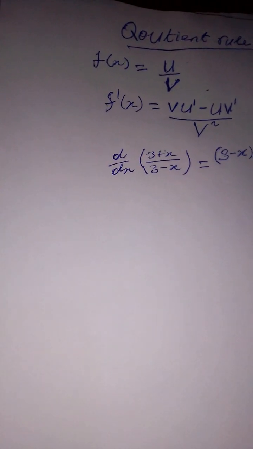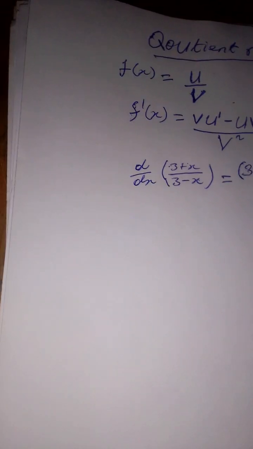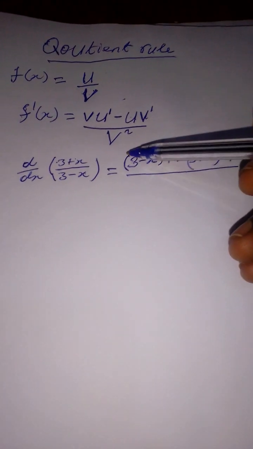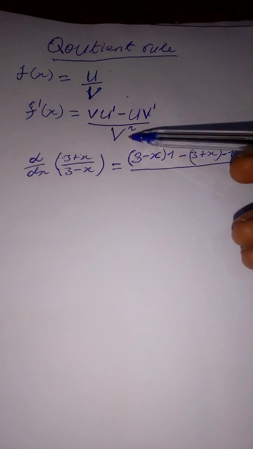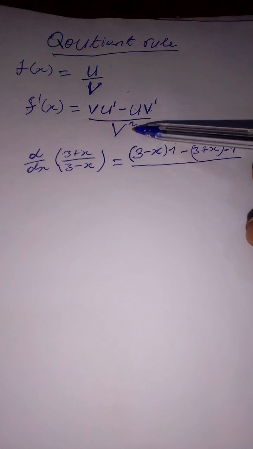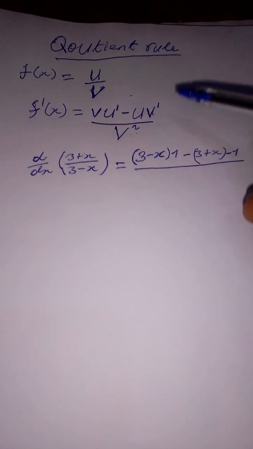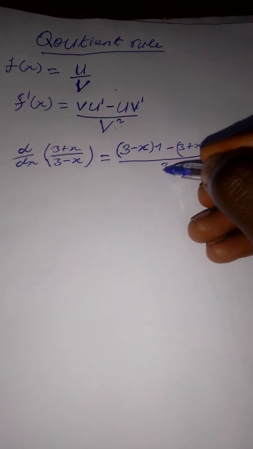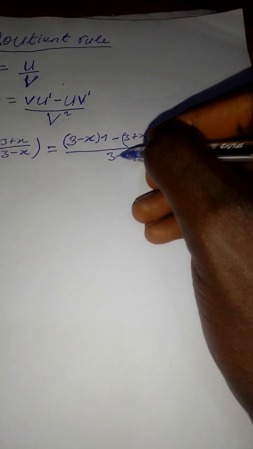So this will just be negative 1. Now, following our quotient rule, we have to divide all through by the square of the denominator. So we will have 3 minus x, all that squared.